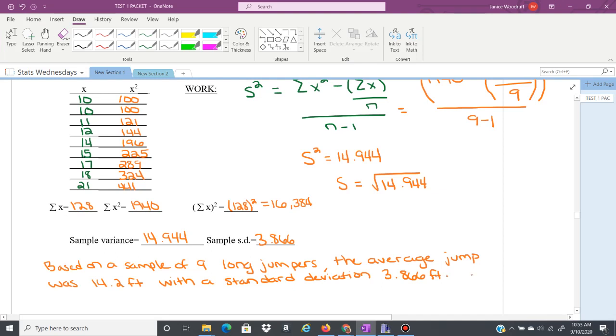Okay, that is what the context of this problem is telling us.